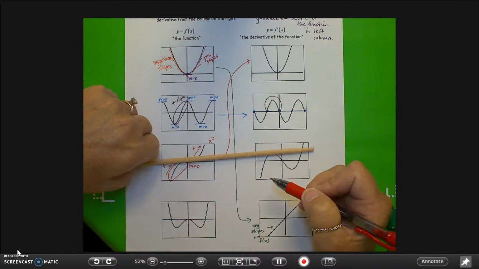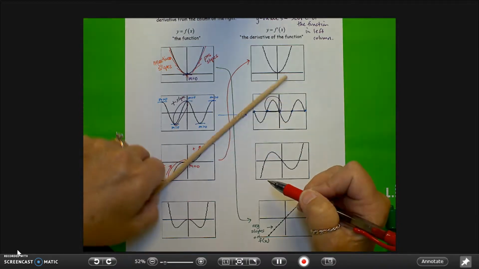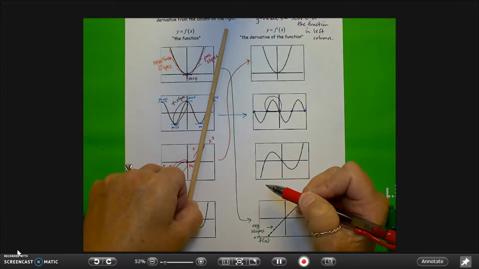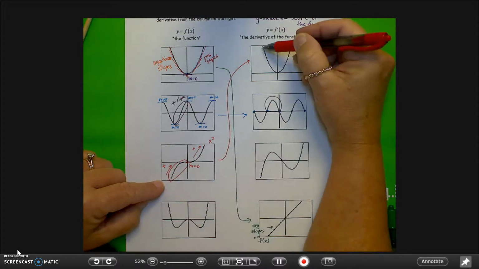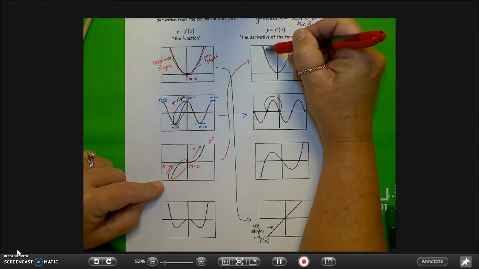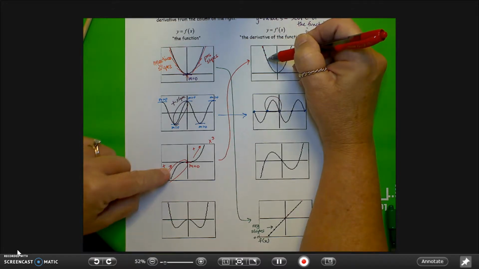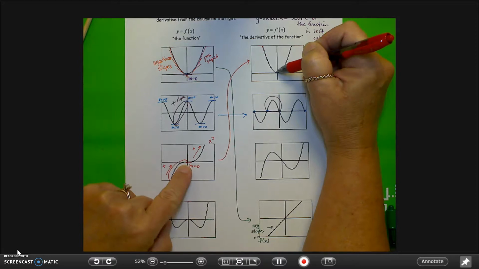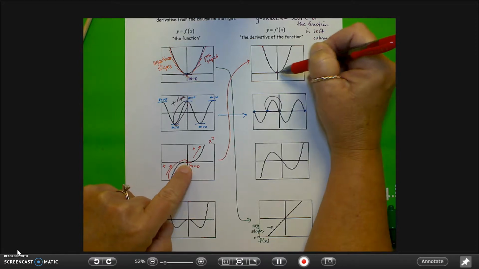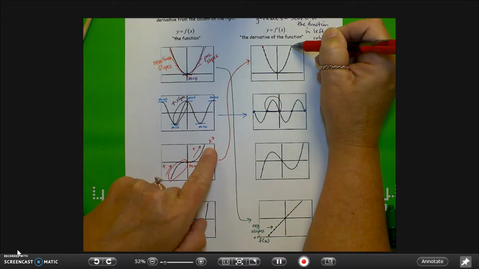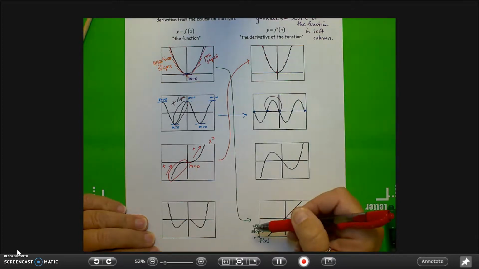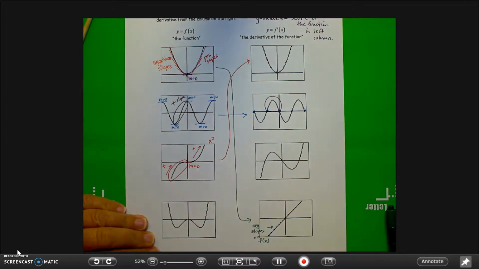And then I start at 0, and the positive numbers get bigger and bigger until I'm pretty big there. That's exactly what's happening here. I start with large positive slopes, and those slopes get smaller and smaller until I reach my horizontal slope of 0, and then they start getting bigger and bigger again. So that's a definite match.